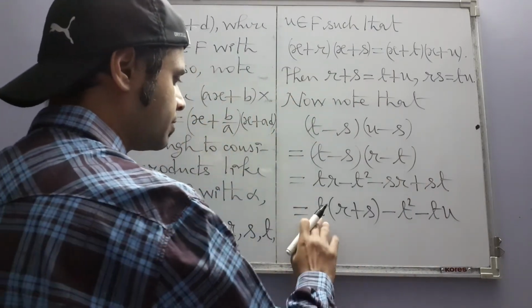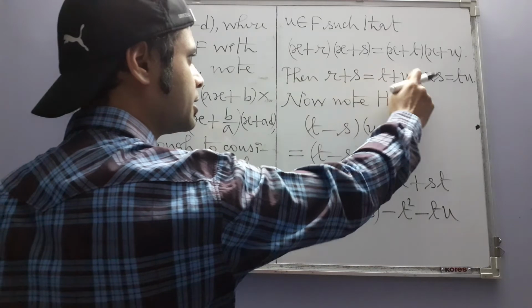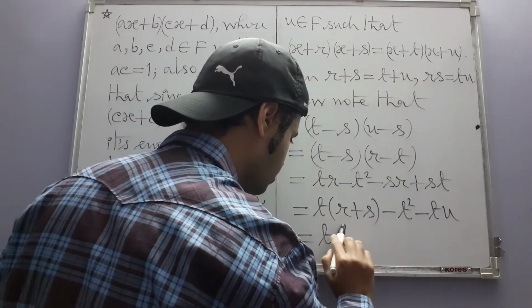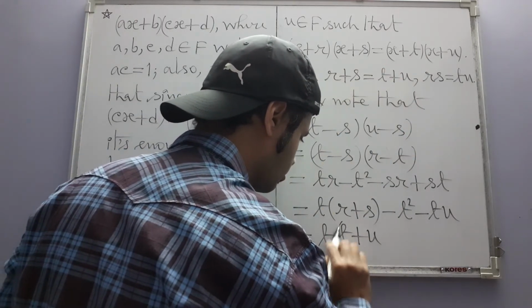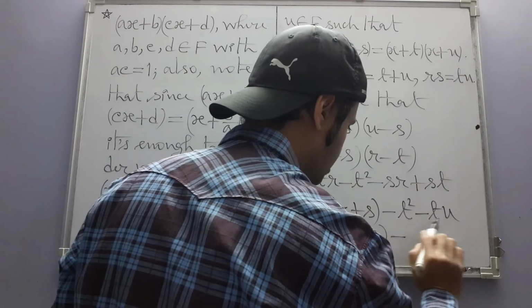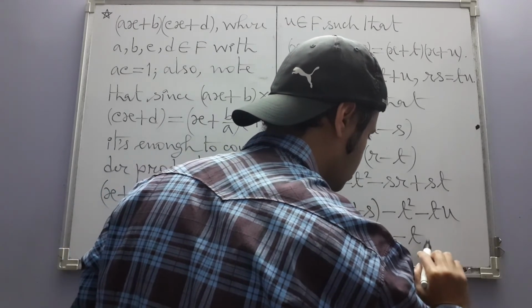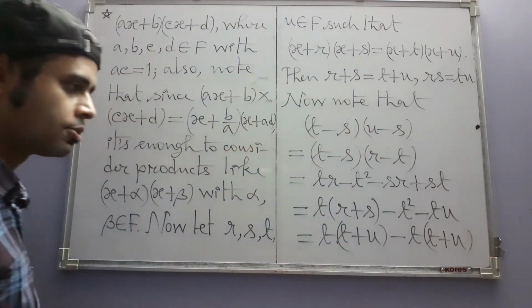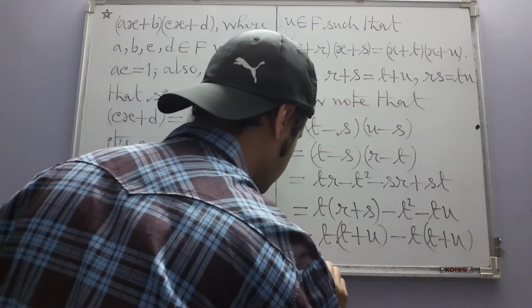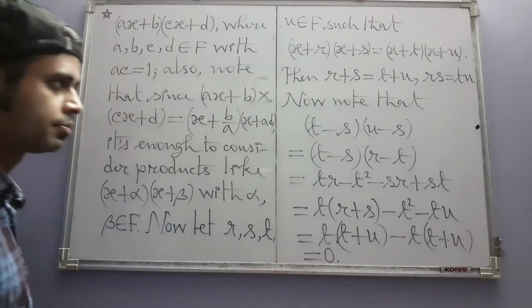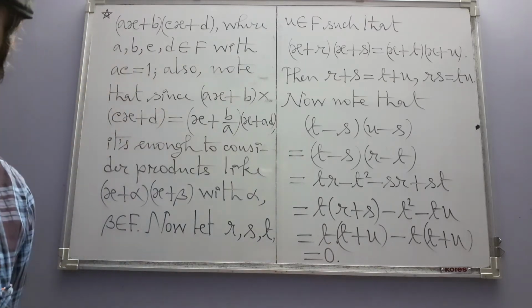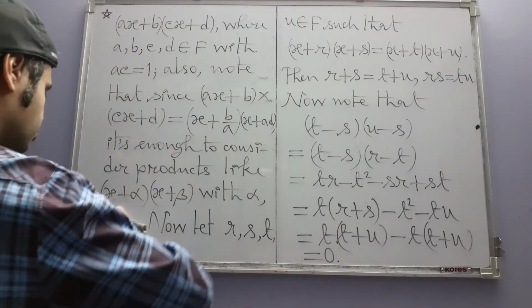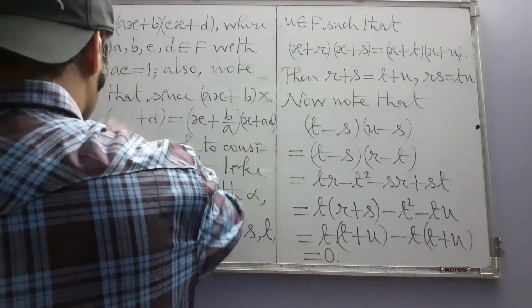So now in place of R plus S we can write T plus U. On the other hand, these two give us this. So we are getting 0. Okay. So what does this calculation tell us?